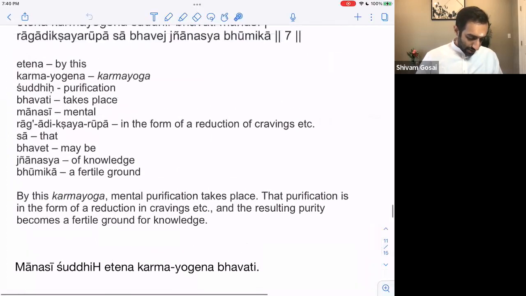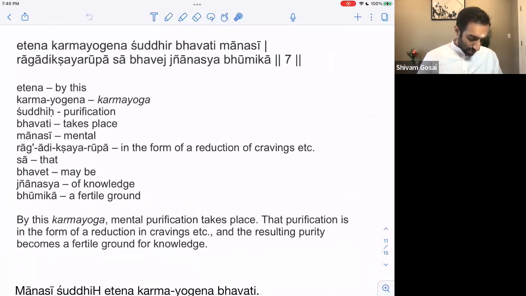So if we look at the translation, first, by this karma yoga, mental purification takes place. So we're still talking about karma yoga. Now, what is the result of karma yoga? We saw what karma yoga is in the previous verse: Ishwararpana buddhi and prasada buddhi. Now, what is the result?